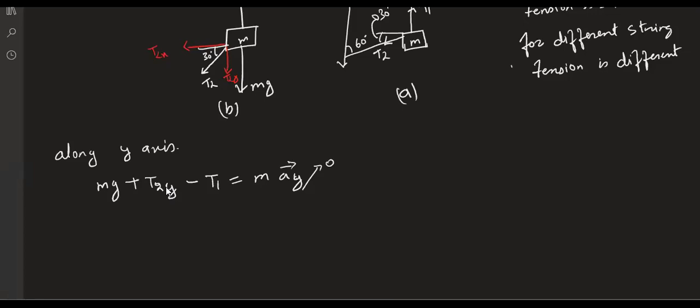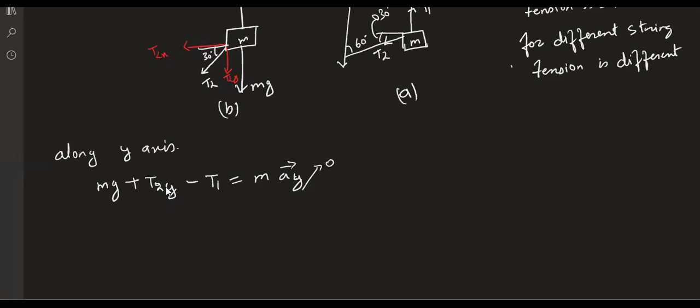See, the direction of T1 is opposite to T2 and mg now. That's why minus T1. You could have written T1 minus mg minus T2y. It would be the same. It doesn't matter because the direction of ay will be in the opposite direction.